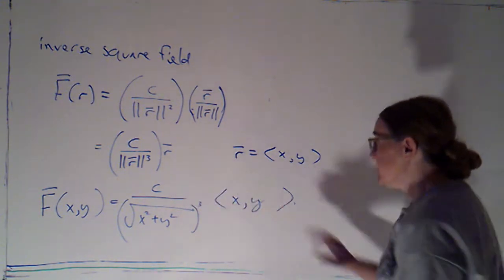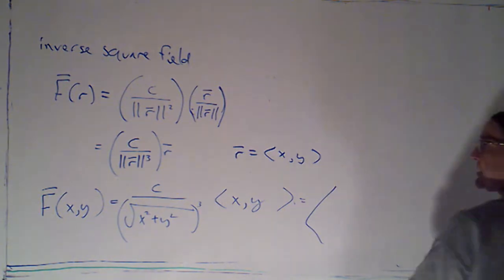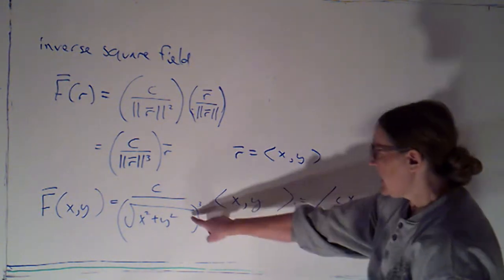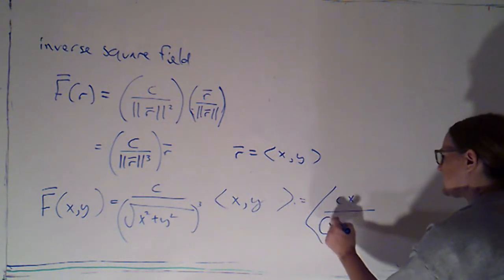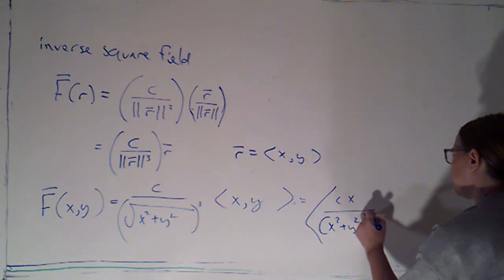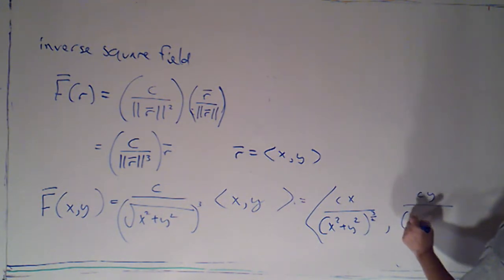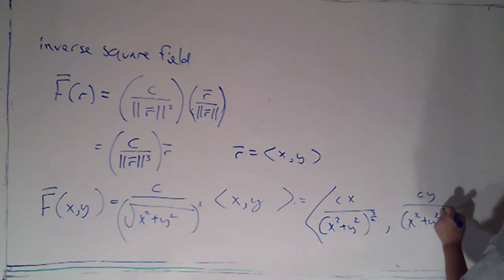Now, I can go ahead and do the scalar multiplication. That's going to make the components of my vector cx over, I think I'm just going to write that as x squared plus y squared to the 3/2, and then cy over x squared plus y squared to the 3/2.